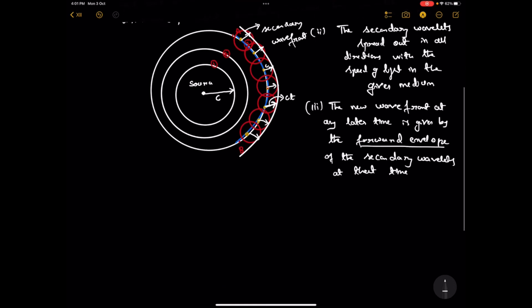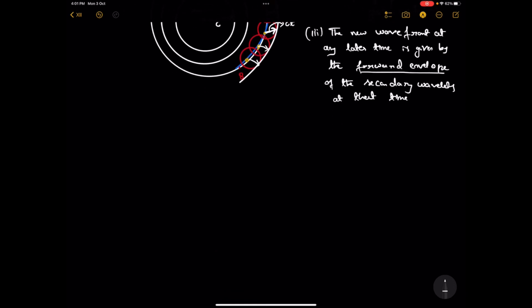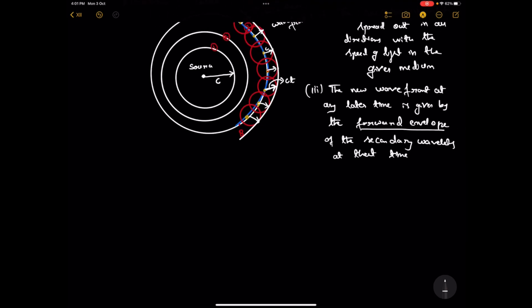We will take one more example with respect to the plane wave. Just now I was talking about the spherical wavefronts. Now I will talk about the plane wavefronts. Huygens is saying that each point on this plane wavefront, I will name those points A, B, C, D, E, F, G. These are the points which are on the wavefront AB.